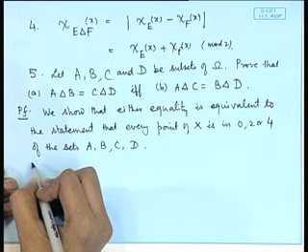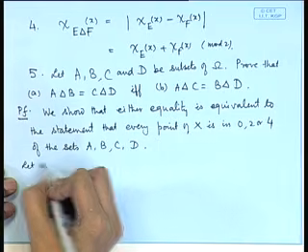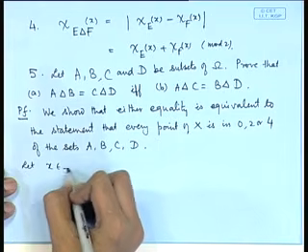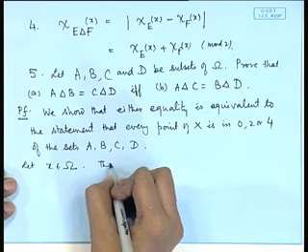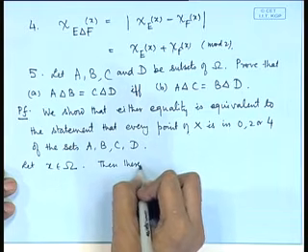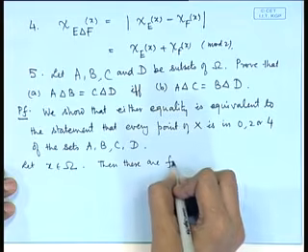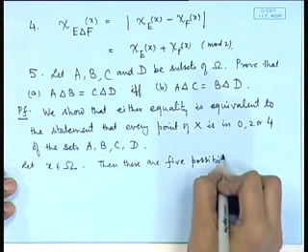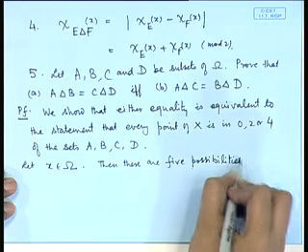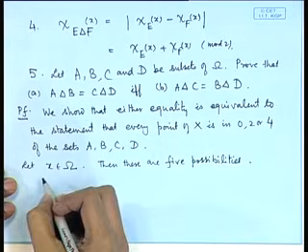So, let us consider x to be any point in the space omega. Then there are 5 possibilities. Let us consider these possibilities.